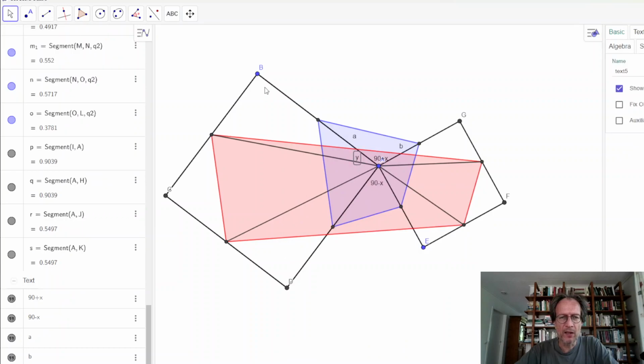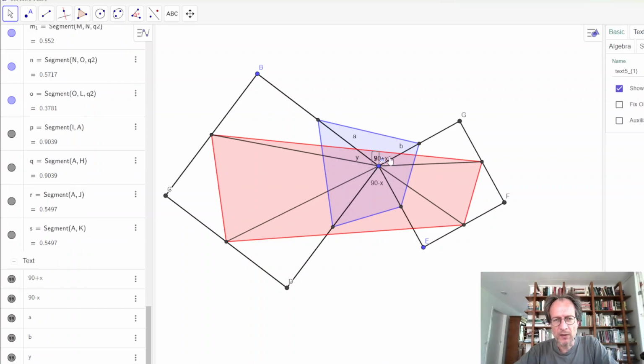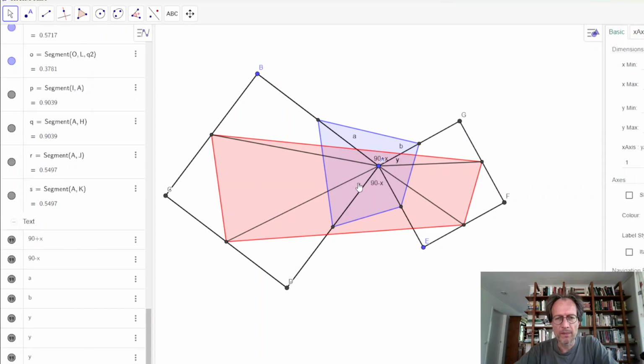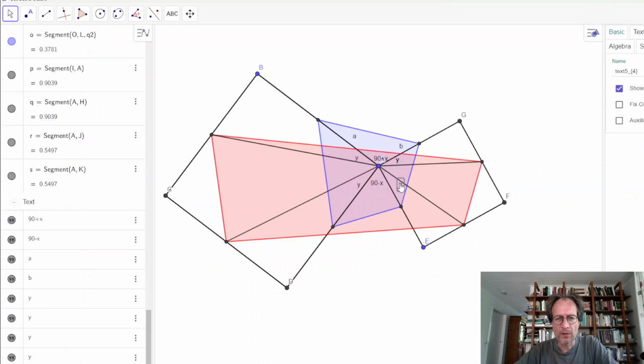This is the angle in the 1 to 2 triangle over there, and this angle is also over here, and also over here. And this one is 90 minus 2y. So now we have done the preparations.